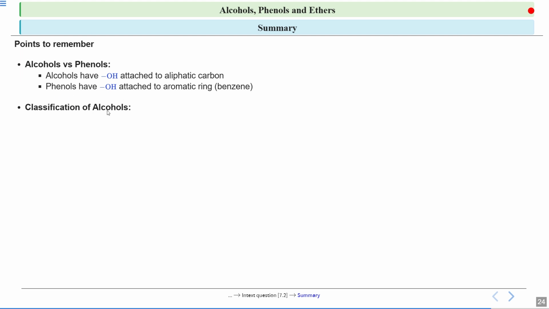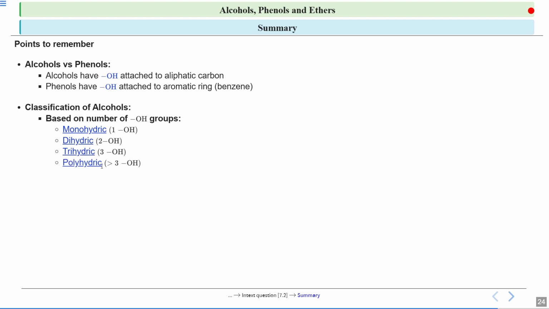Then we have seen the classification of alcohols based on the number of hydroxyl groups. They will be monohydric, containing one hydroxyl group, dihydric containing two, trihydric containing three hydroxyl groups in a single molecule, and polyhydric meaning more than three hydroxyl groups are present in a molecule.